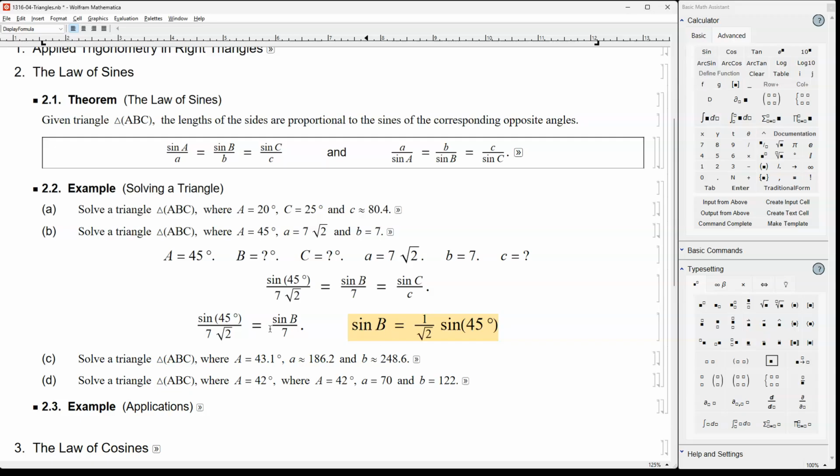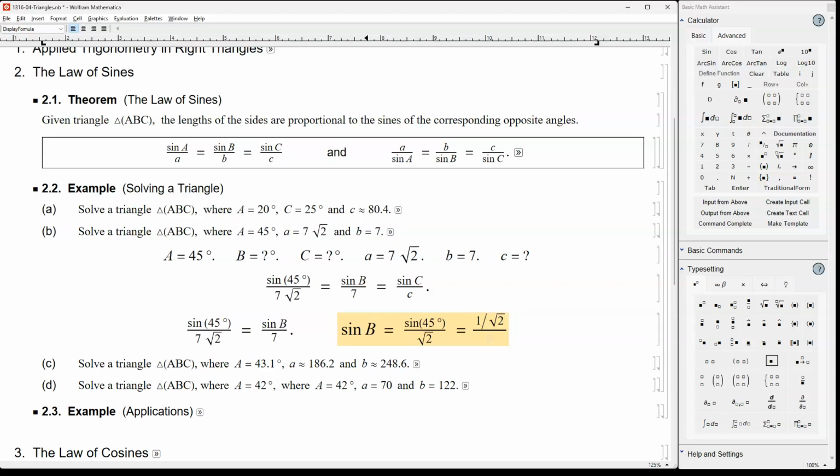So 7 and 7 cancelled out. Wait a minute, sine of 45 degrees. What is sine of 45 degrees? One over square root of 2, that's sine of 45 degrees over square root of 2. So the entire thing is 1/2.